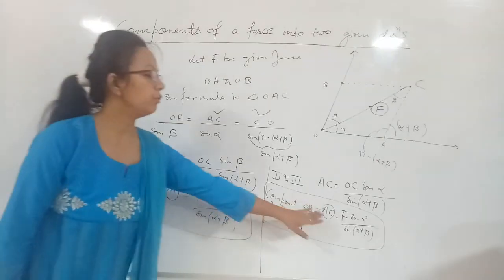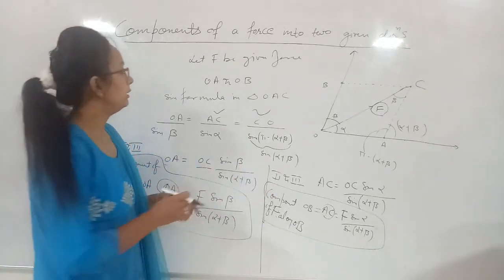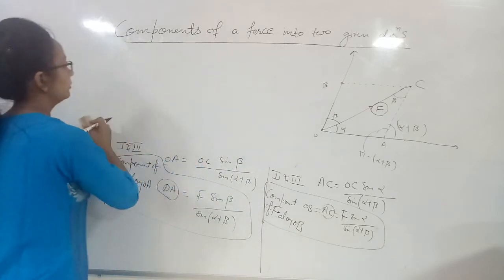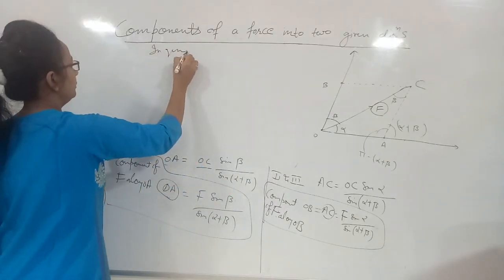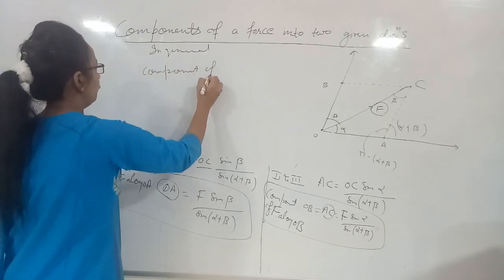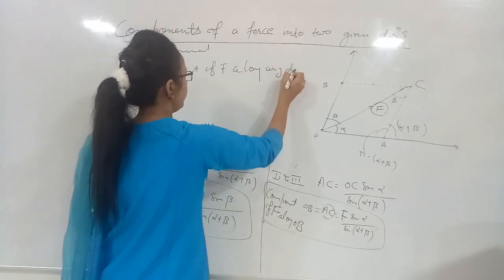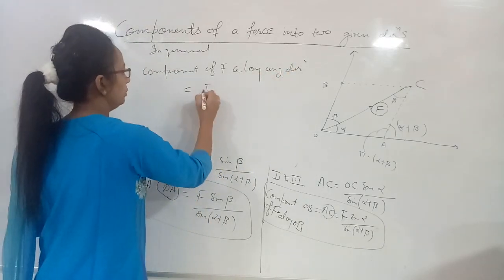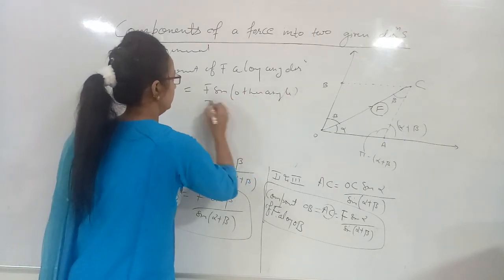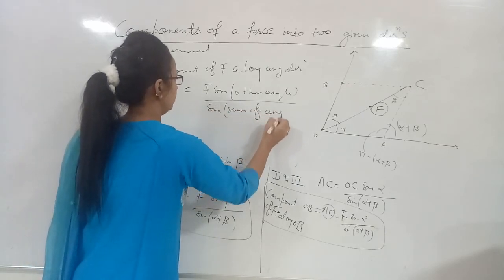Now we'll combine these two formulas into a single one. If you observe them carefully, in general I can write the component of F along any direction will be equal to F into sine of the other angle divided by sine of the sum of angles.